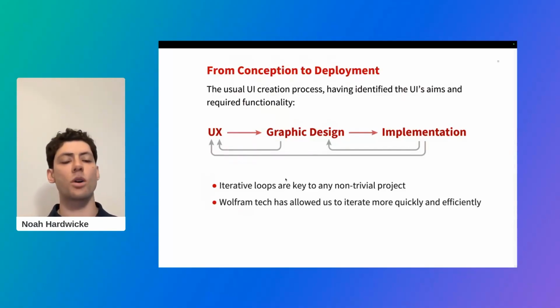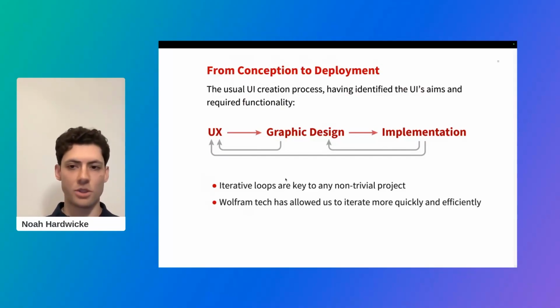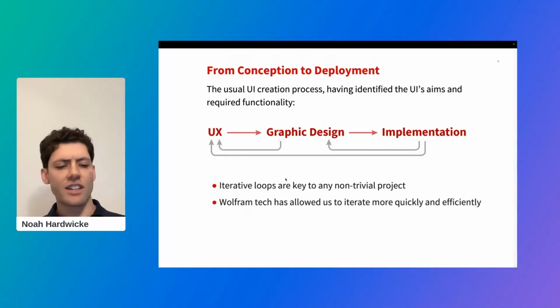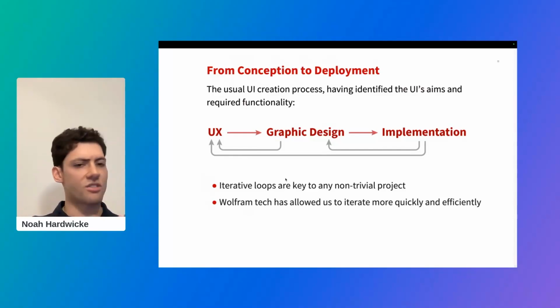But for anything more complicated, there is always communication between these different steps, right? We'll pass a wireframe to graphic design, and they will have opinions on how things should look, and that will change the user interaction slightly.